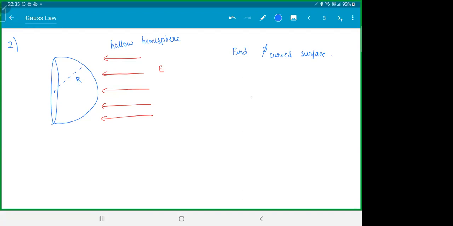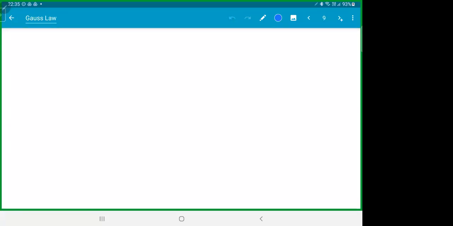So see, you can use projected area, right? Do you remember starting flux ka definition? The number of lines passing through area, right? So if you have any random amoeba shape also like this, think about it.